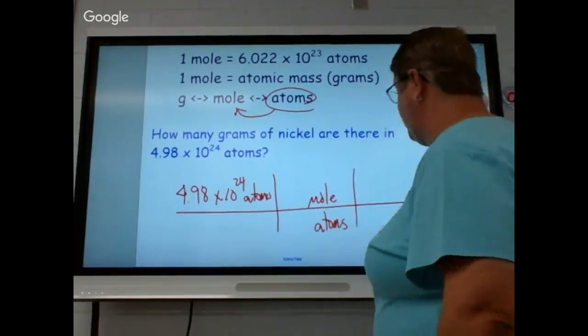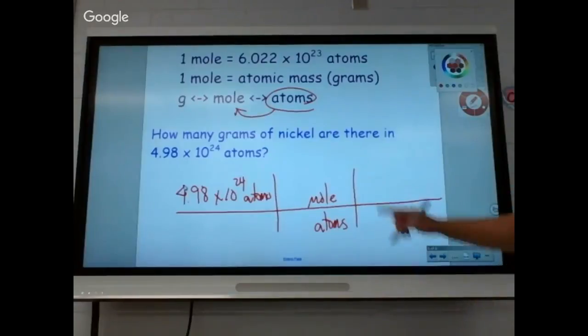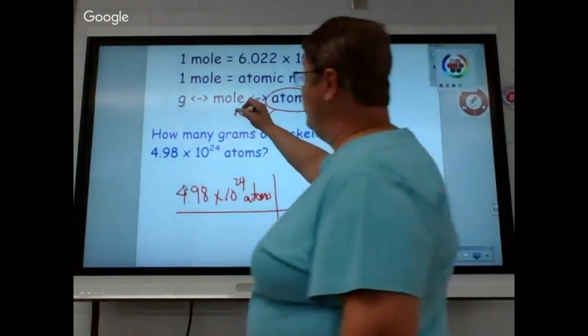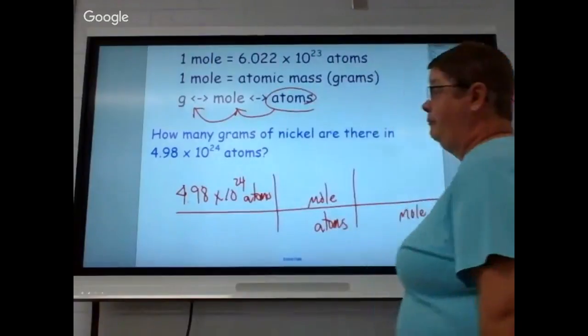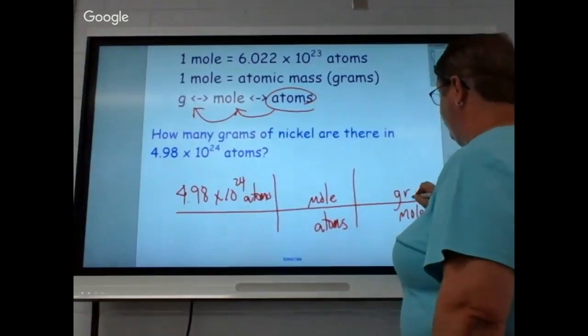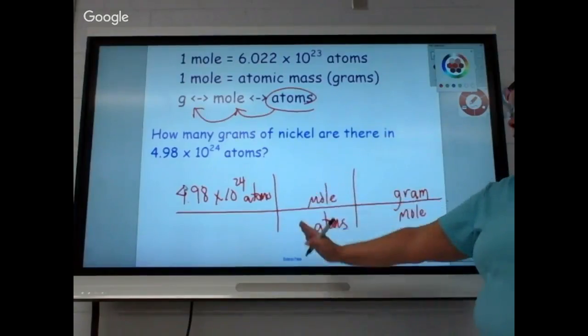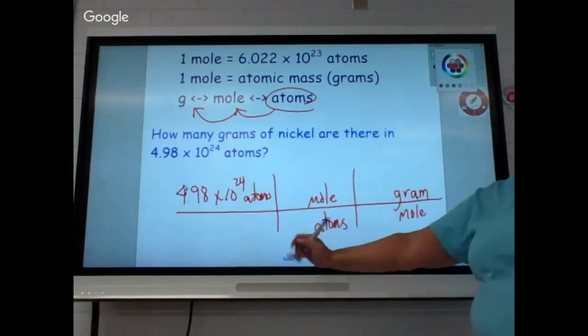Draw another section. What goes on the bottom? Now, from moles, I go to what? Now I go to grams. Now, because I have two sections in there, I'm going to use both conversions. I just got to put them in the right spots. This one is moles to atoms.